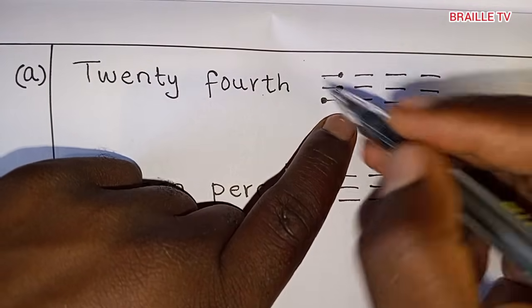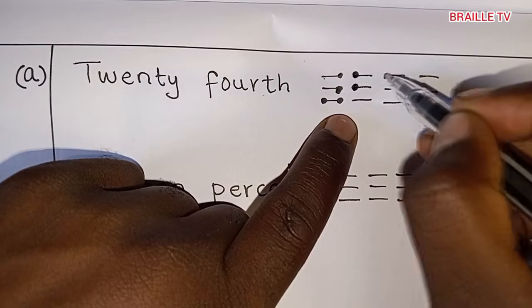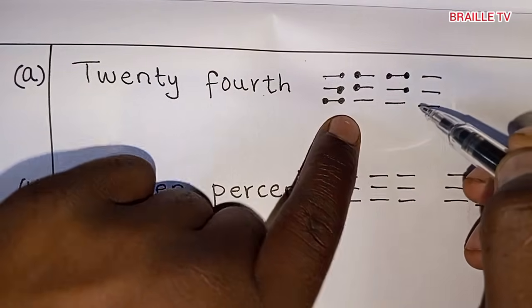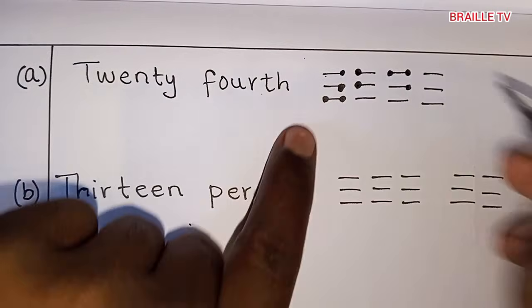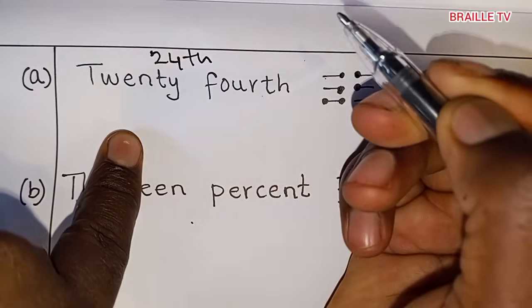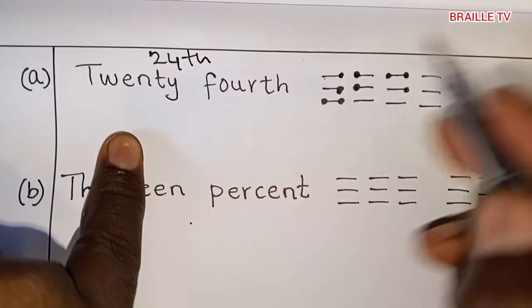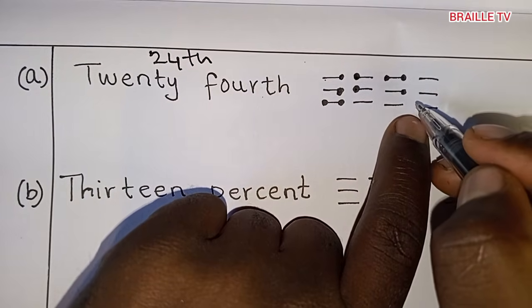Then the numeral sign, then 2 and then 4. And then immediately after that, you write TH, like this, 24th. You write it here in front without leaving a space. Do not intervene with a space here.